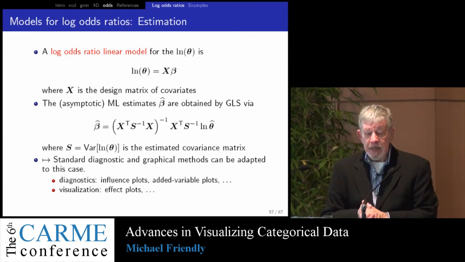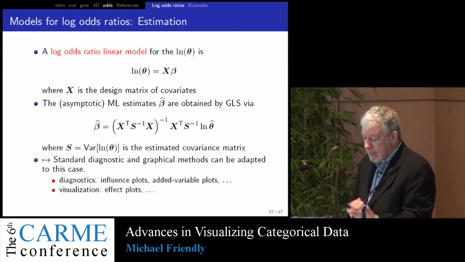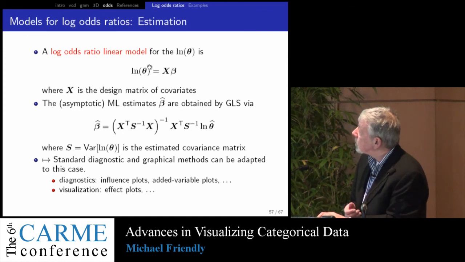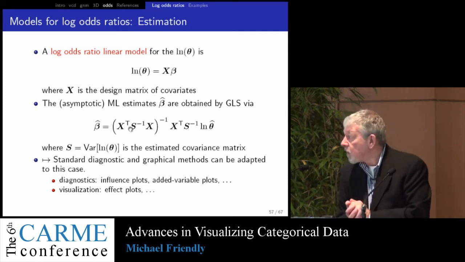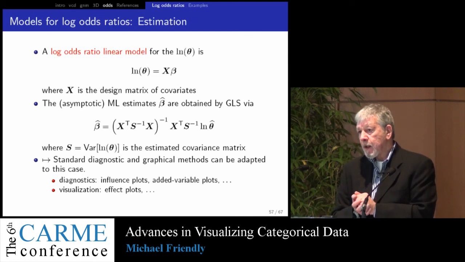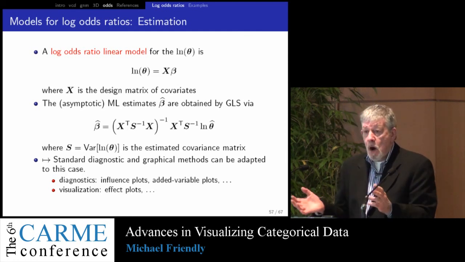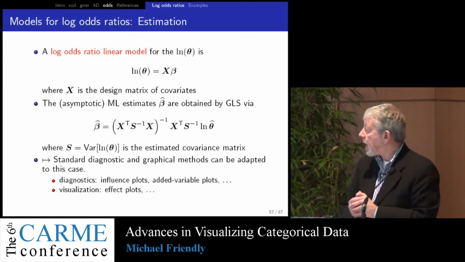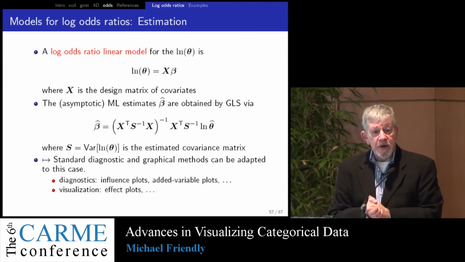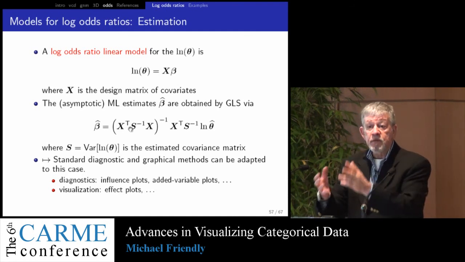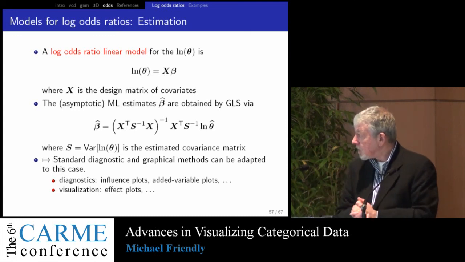And so we can fit any model for the total collection of log odds ratios as an ordinary linear model by generalized least squares. And as a result, what we get are standard R objects. And those standard R objects have print methods, summary methods, plot methods.